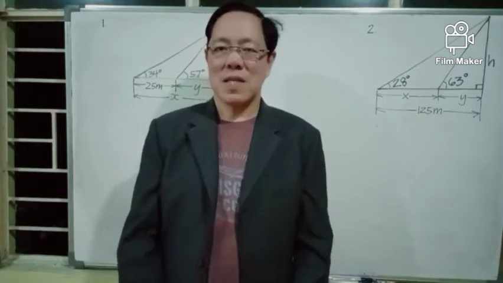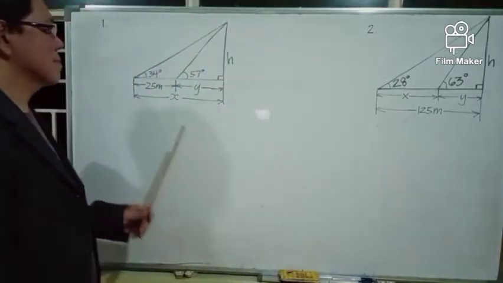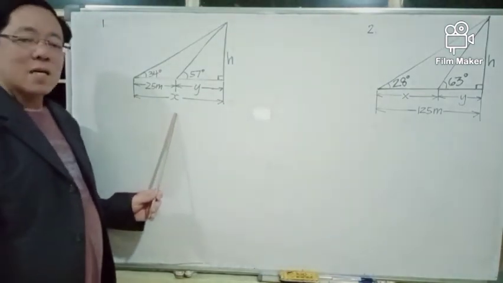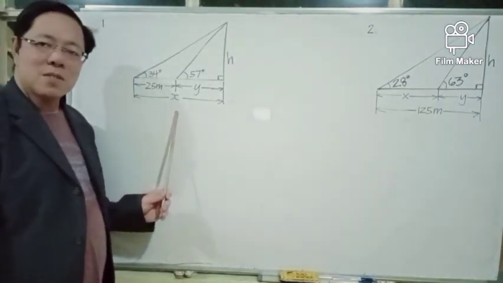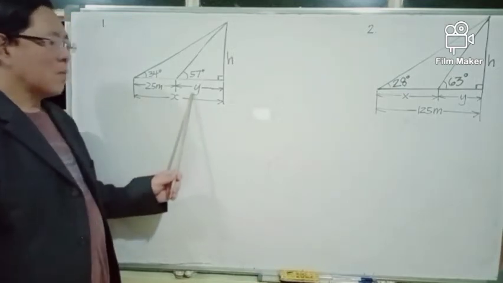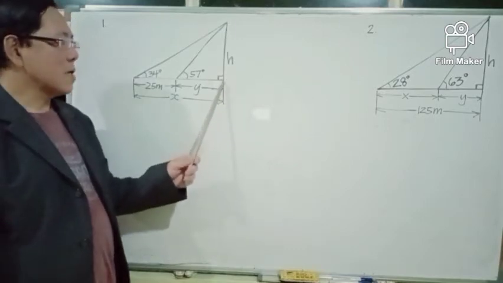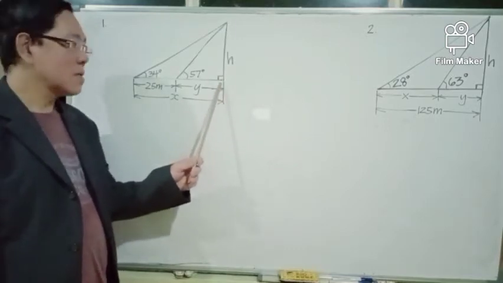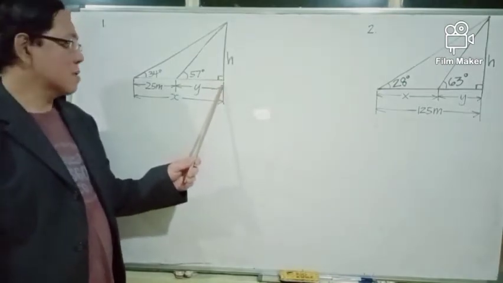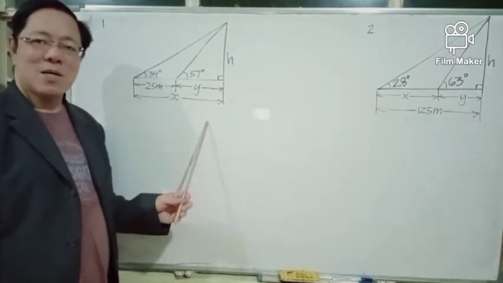For our first example, consider the following. We are given a diagram. In the diagram, there are three variables to be found: x, y, and h. This is a right triangle as indicated by this small square. We actually have two right triangles in this diagram.